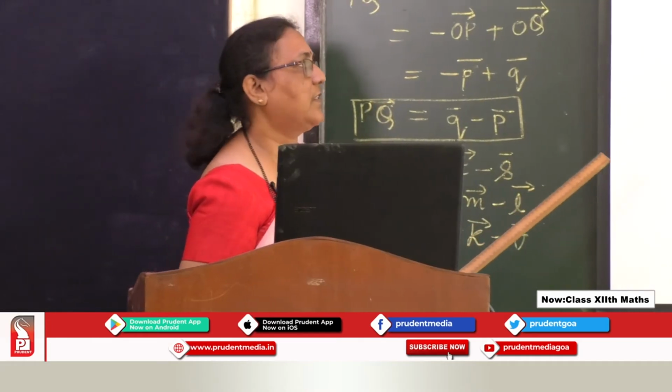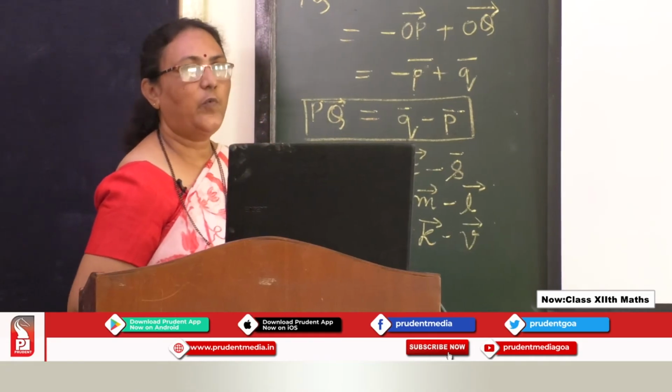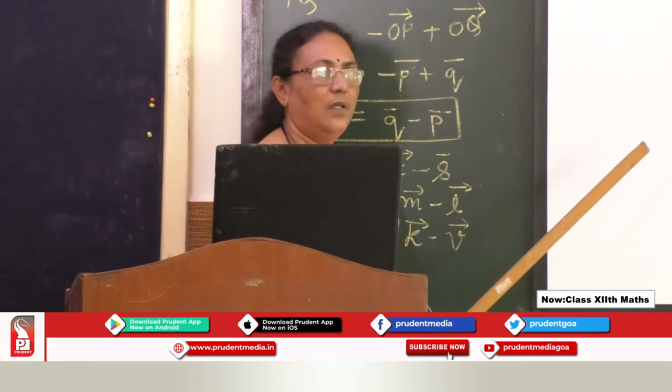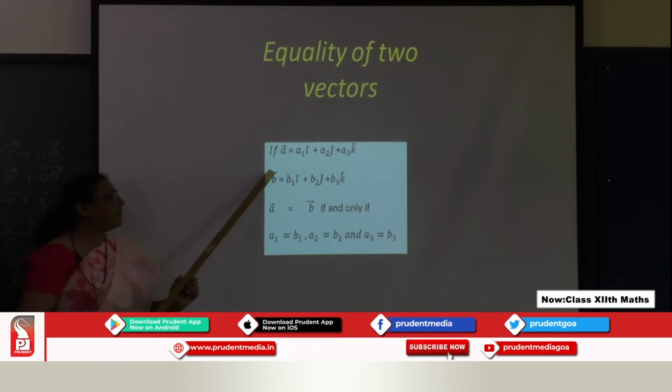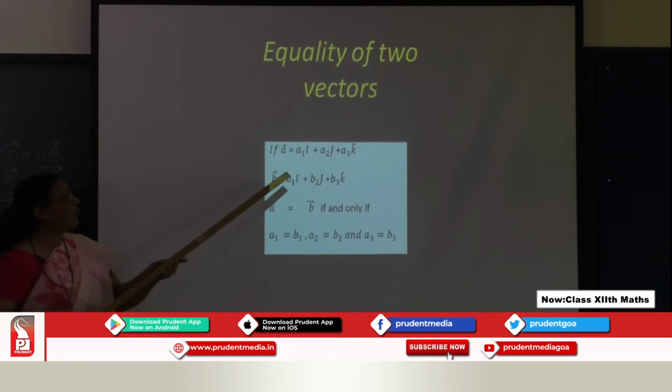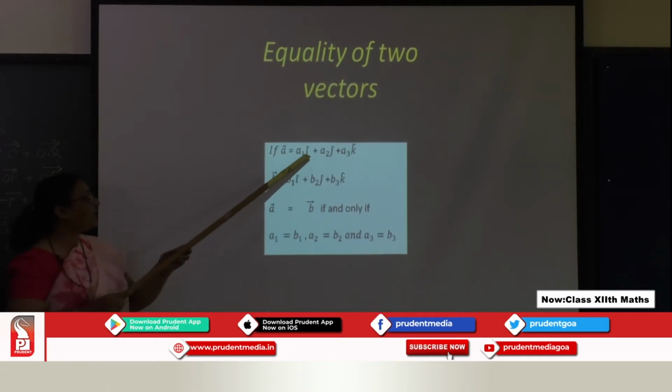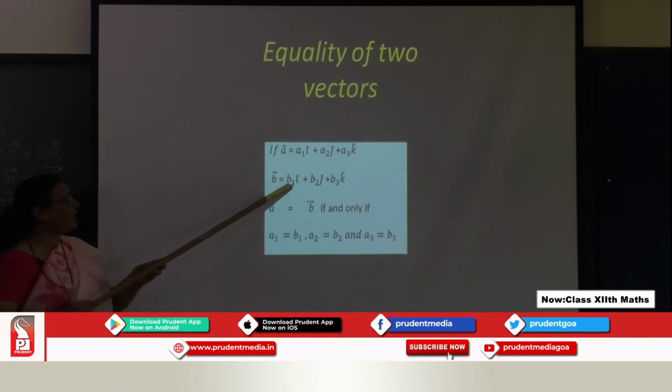Equality of two vectors. Vectors A bar and B bar are said to be equal if and only if, see here i is there, here also i is there. Who is the neighbor of i here? A1, and the neighbor of i there is B1.